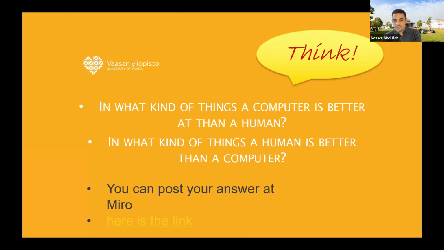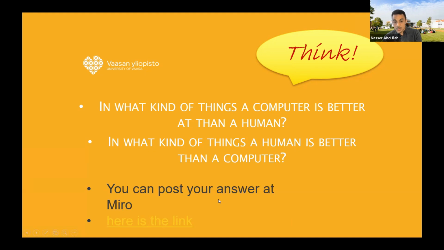Computers are actually best at repetitive tasks, when we need to speed up, also any task that needs speed, and any task that requires high accuracy. So that's what is good for computers. For humans, as you say, it's pattern recognition.